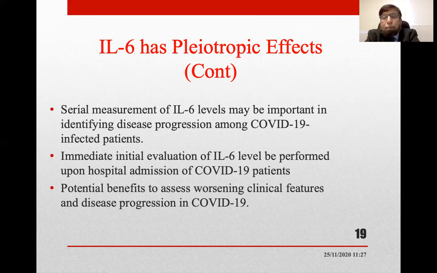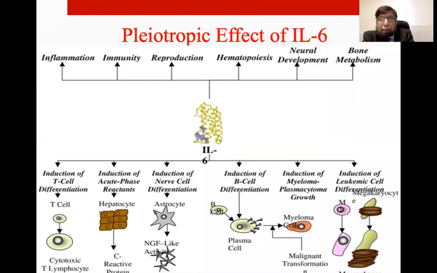I'm talking of COVID-19 patients, not COVID-19 suspected cases. In COVID-19 patients who are admitted or who are being treated as OPD patients, after initial evaluation, you must do serial monitoring of IL-6.